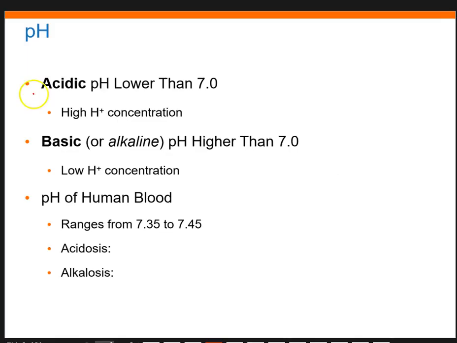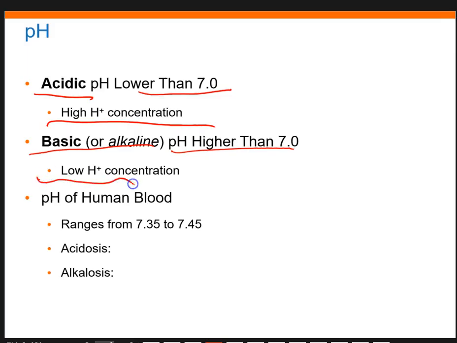Again, an acidic pH is a pH lower than 7, and acidic things have high hydrogen ion concentrations. Things that are basic or alkaline have a pH higher than 7, and those things have a low hydrogen ion concentration. Now, why do we care?